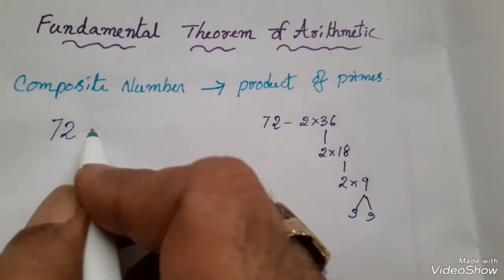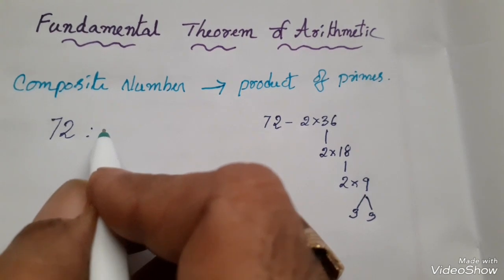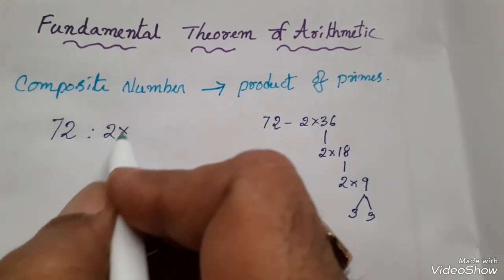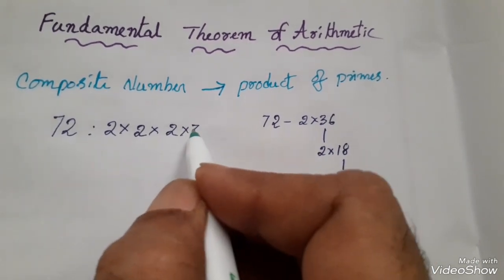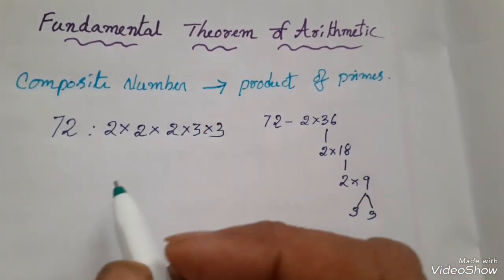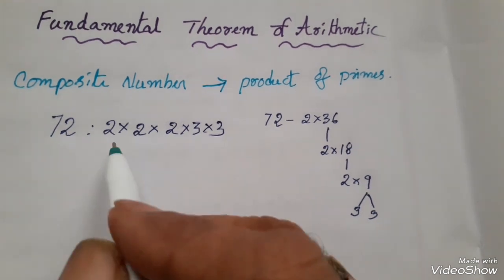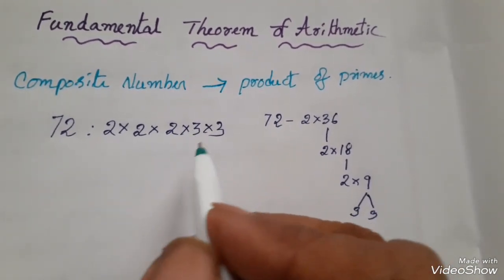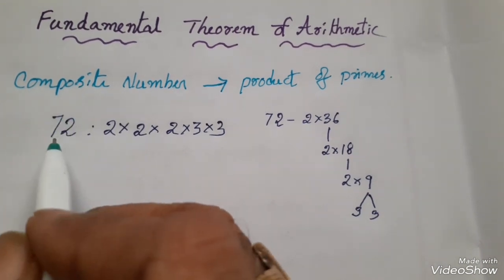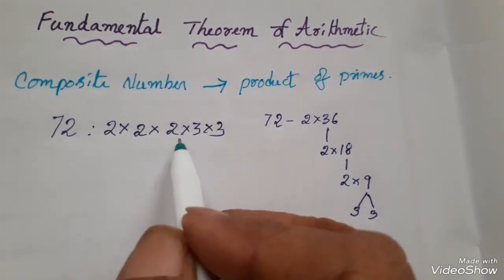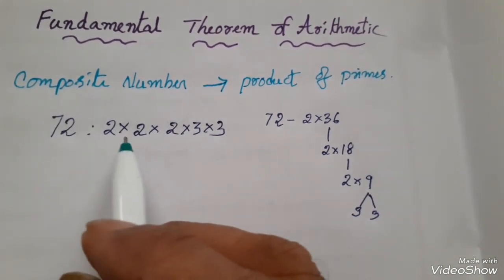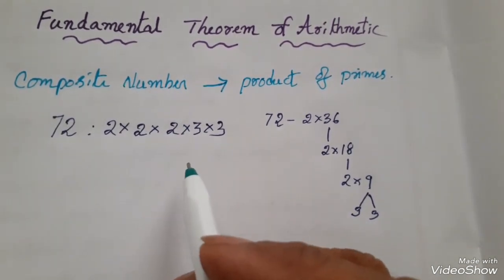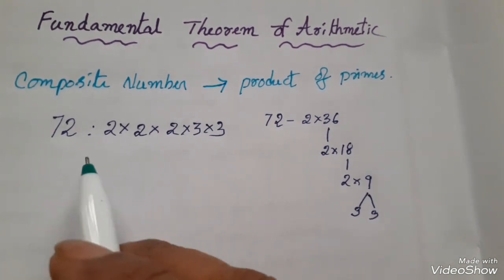So 72 is equal to 2 into 2 into 2 into 3 into 3. 2 and 3 both are prime numbers. So like this every composite number we can express as a product of prime numbers. This is called the fundamental theorem of arithmetic.